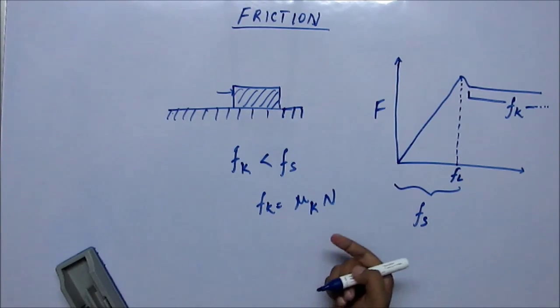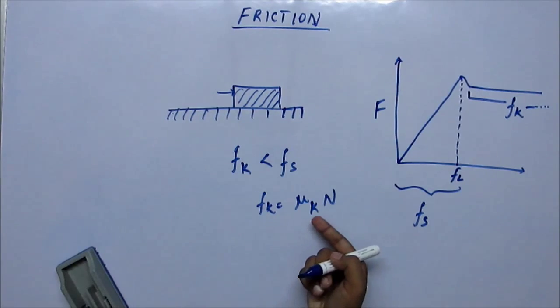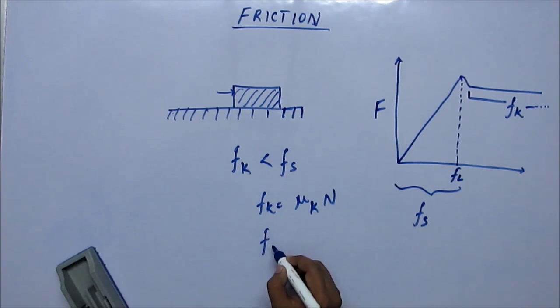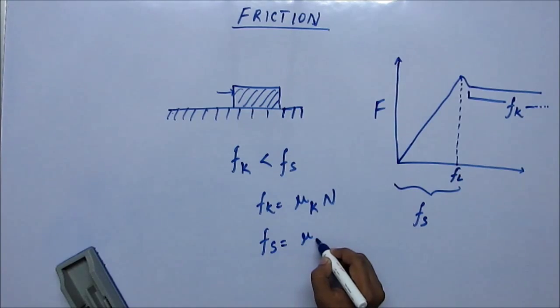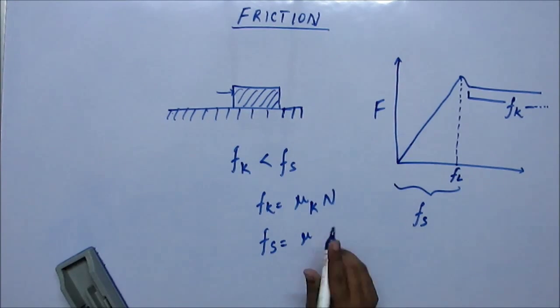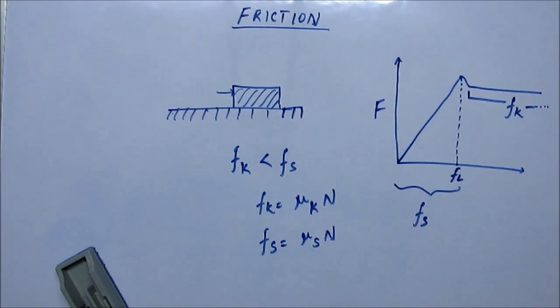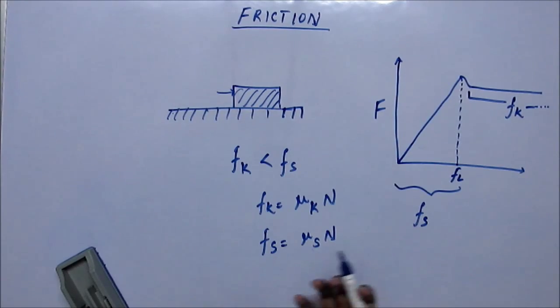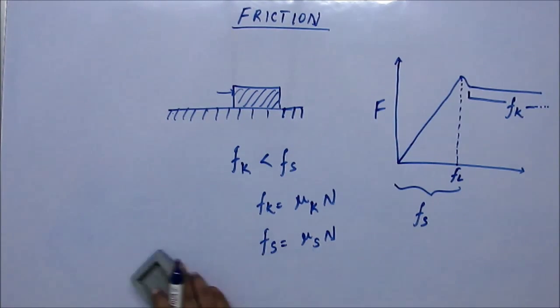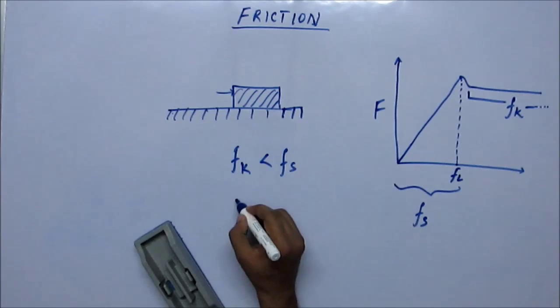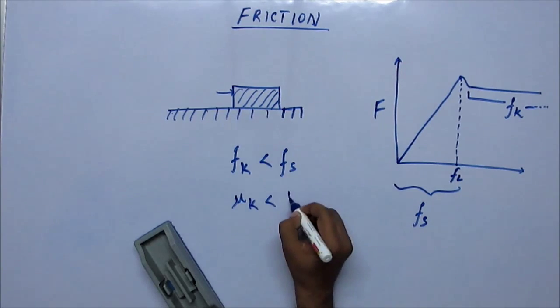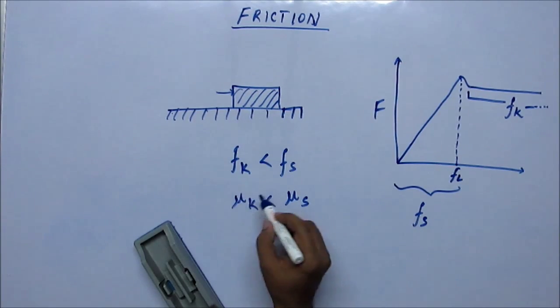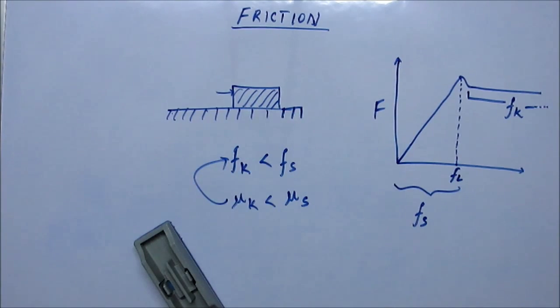We call it kinetic coefficient of friction for kinetic friction, and when the body was at rest, we call it coefficient of friction for static friction. So this is the formula for kinetic friction, this is the formula for static friction. Both depend upon the normal reaction, but their coefficients change in such a way that mu k will always and always be less than mu s. So that makes kinetic friction less than static friction.